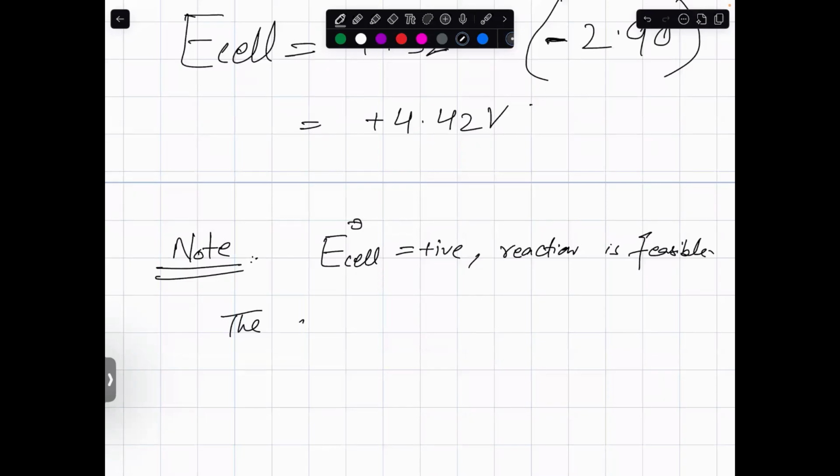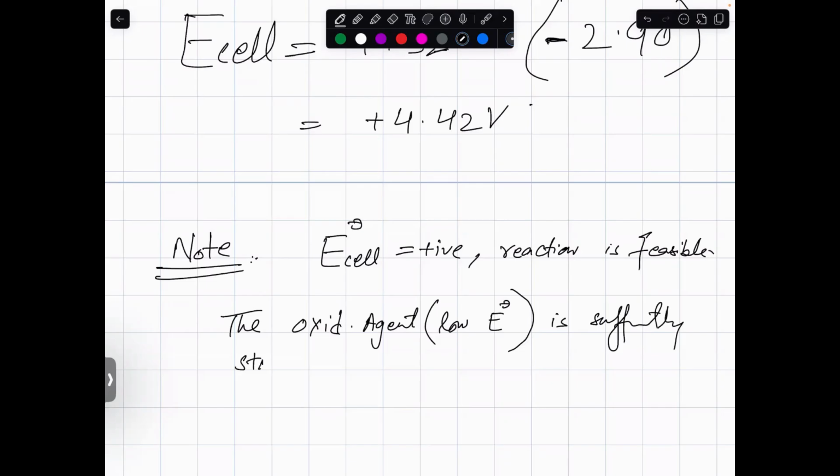The oxidizing agent, low E naught, is sufficiently strong to oxidize the other substance.